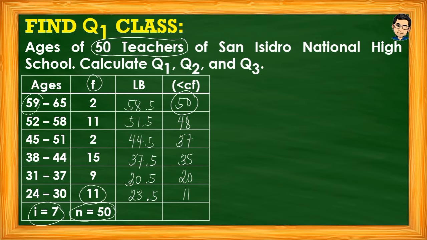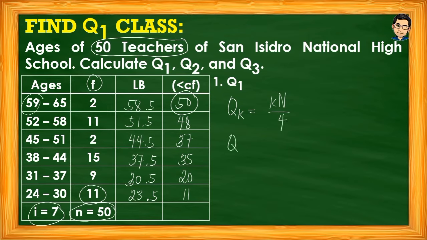Now, for the first task, we have to find or we have to solve for the Q sub 1 class. So, how are we going to solve for Q sub 1 class? So, we'll use the formula Q sub K is equal to Kn over 4. So, since Q sub 1 tayo, the value of K is 1.